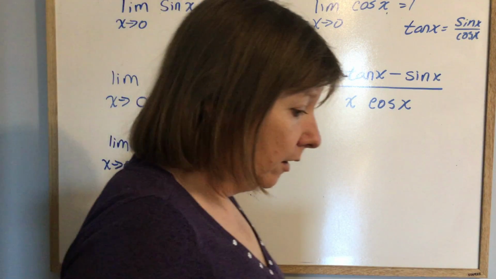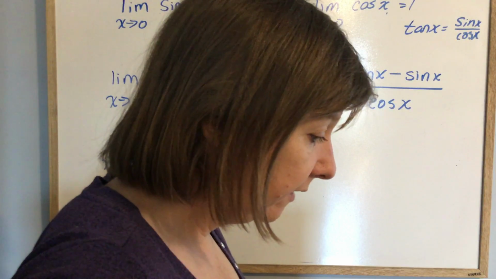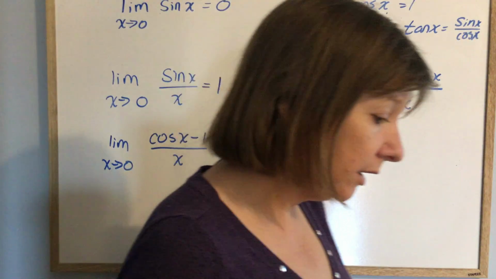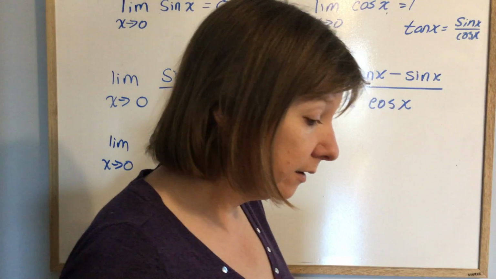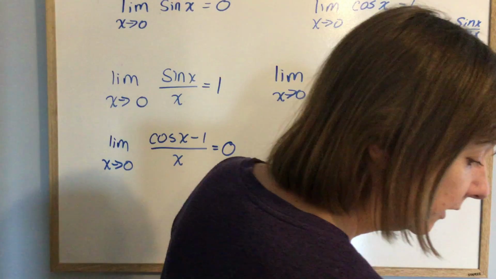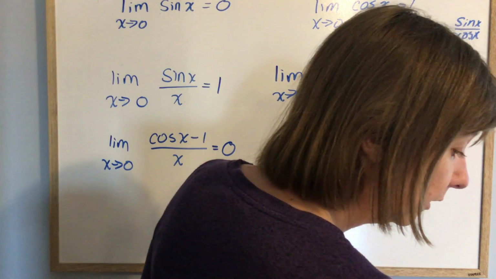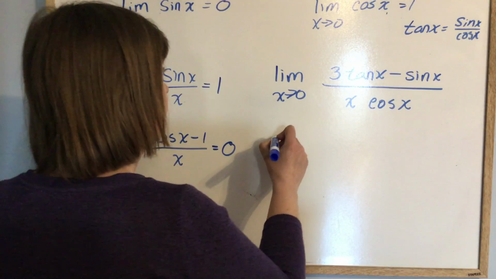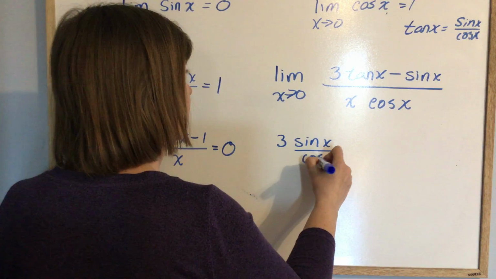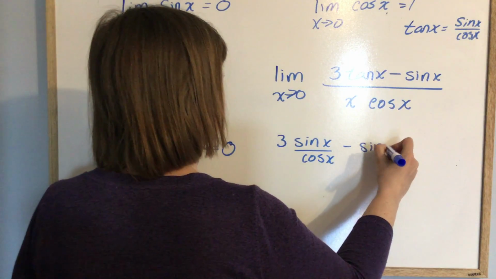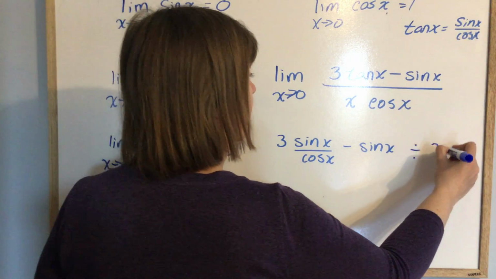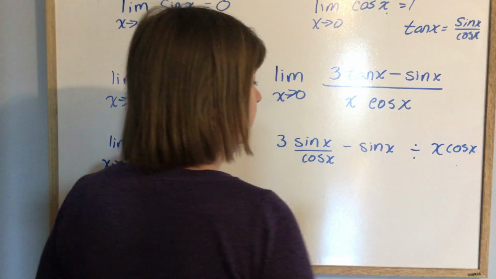What they did, I'm going to write it out a little bit differently than how they did it, because I'm not really a fan of how they did it. This would be 3 sine x over cos x minus sine x, that's the top, all divided by x cos x.